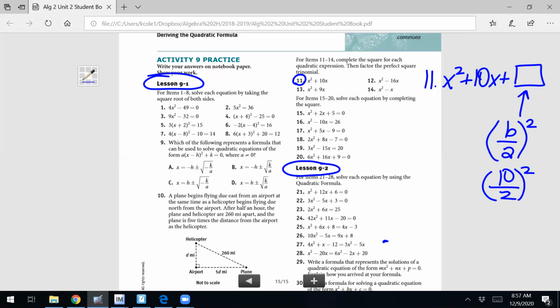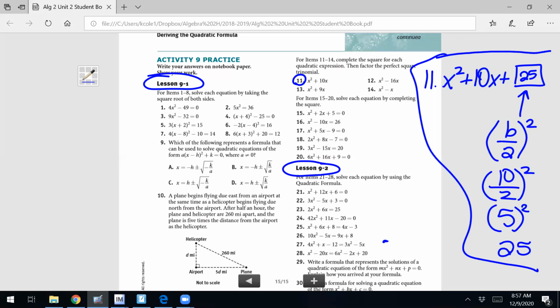What's 5 squared? So 25 is what goes in the square. So this is what I want to see. So this would be the work that you would show for number 11. And I want you to do 11, 12, 13, 14. Okay? You don't have to do any of these that complete by the square. I don't need you to do that.